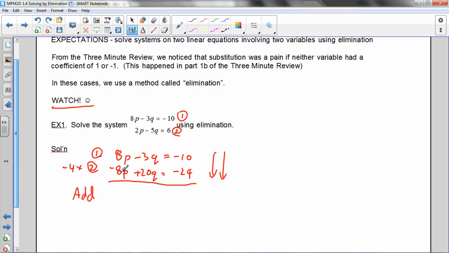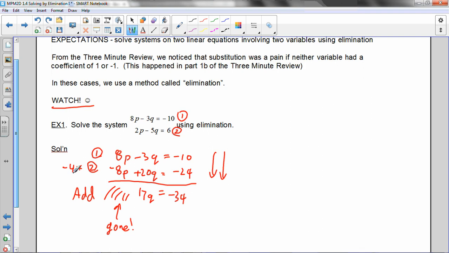When I add, 8p and -8p becomes 0, and the p's are gone. And that's what we want, right? When I add the q parts, -3q and +20q make 17q. -10 and -24 make -34. And now notice I've got an easier equation that involves only q, and I can solve for that.